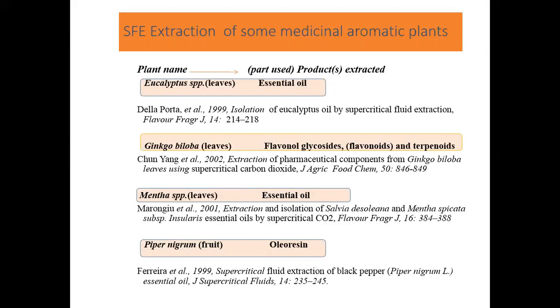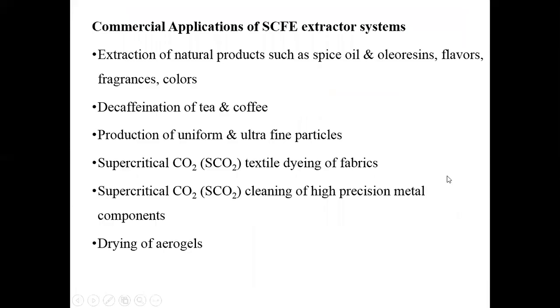This paper was published in 1999. So all these are examples of various components, secondary metabolites, extracted by using a supercritical fluid extraction method. Mostly the examples are essential oil, oleoresins, and flavonoid glycosides and terpenoids.